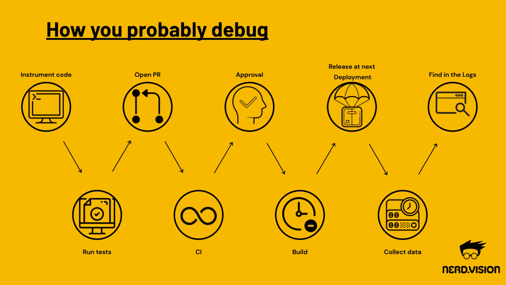Moving on from this, a developer will probably not have enough insight into the error. So you write some new logs, get them tested, open up a pull request, wait for your CI pipeline. You then need to get approvals for the changes, and then you need to wait for the next build and redeployment. Once all that is done, you have to wait and hope you catch the error. If not, then you need to do this all over again and again until you find the error.